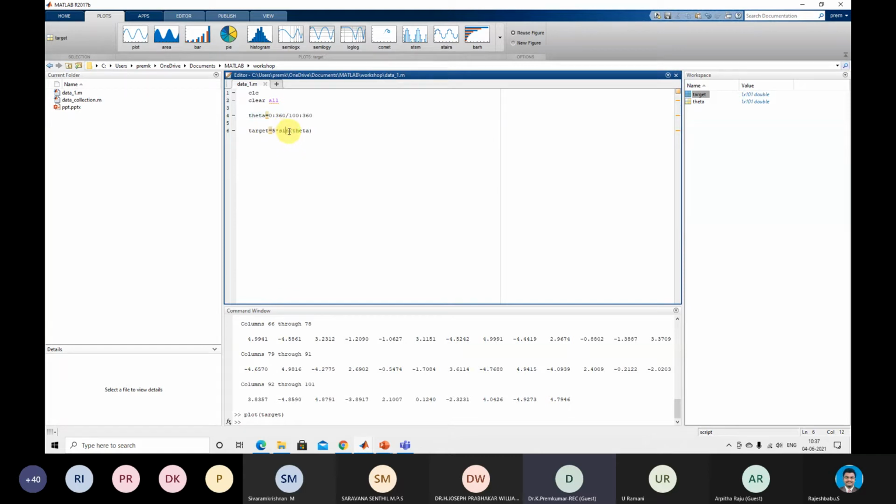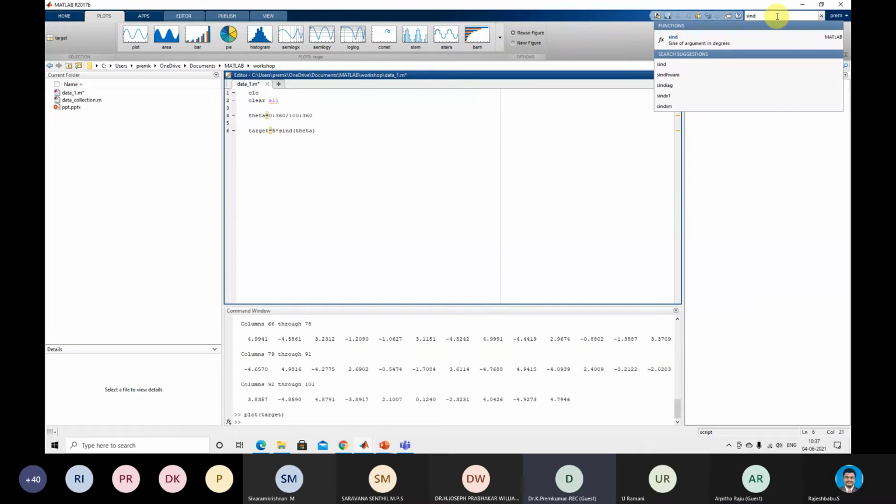If you are using theta in degrees, you can use sind. You can type it here, and you will get the idea: sind, sine of argument in degrees.